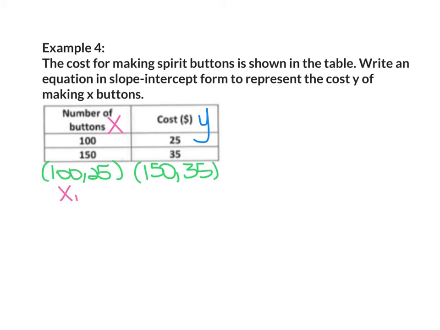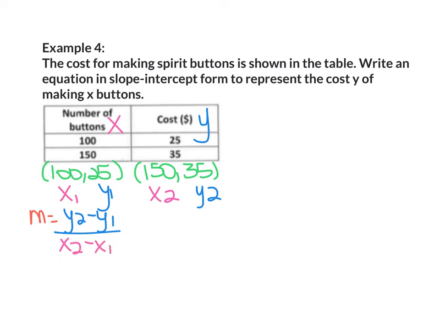Now we're going to label. I have x sub 1, x sub 2, y sub 1, y sub 2. Now the formula for slope is m equals y sub 2 minus y sub 1 all over x sub 2 minus x sub 1. Now we're going to replace y sub 2 is 35 minus y sub 1, which is 25, all over x sub 2 is 150 minus x sub 1, which is 100.